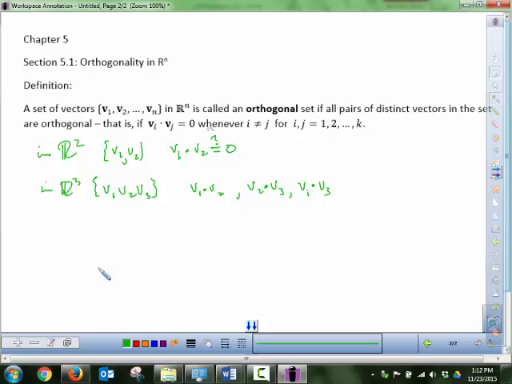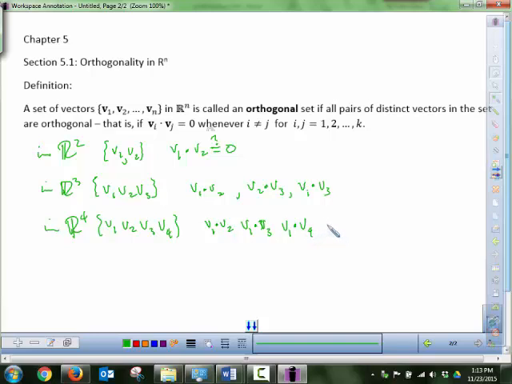Let's do one more. This is just to get us kind of ready for how many checks we're going to have to do. V1, V2, V3, V4. 8? So 6? Let's see. V1 dot V2, V1 dot V3, V1 dot V4.